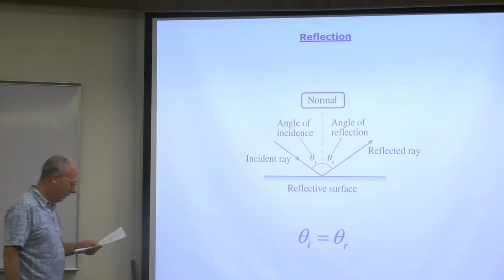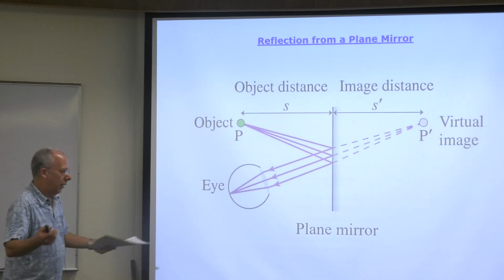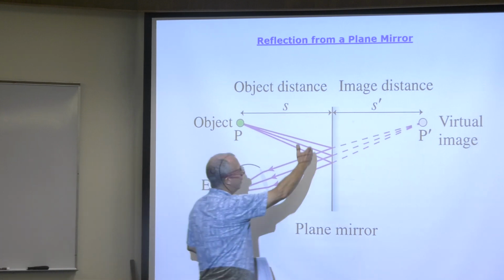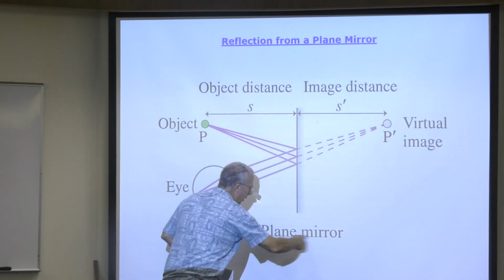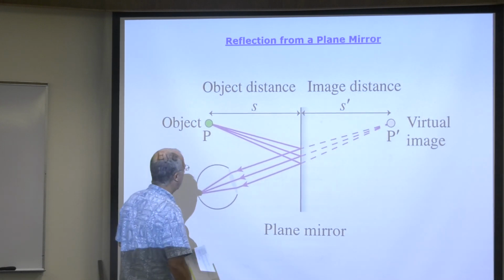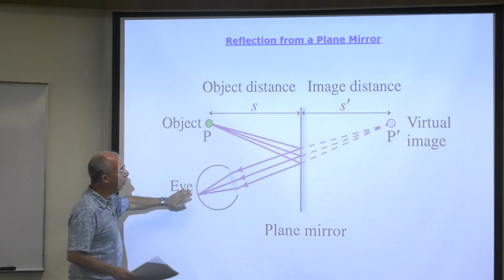Not so bad. Let's talk about a plane mirror, like you might have in your apartment. So here's the plane mirror. It's flat. This is some object. This is you.